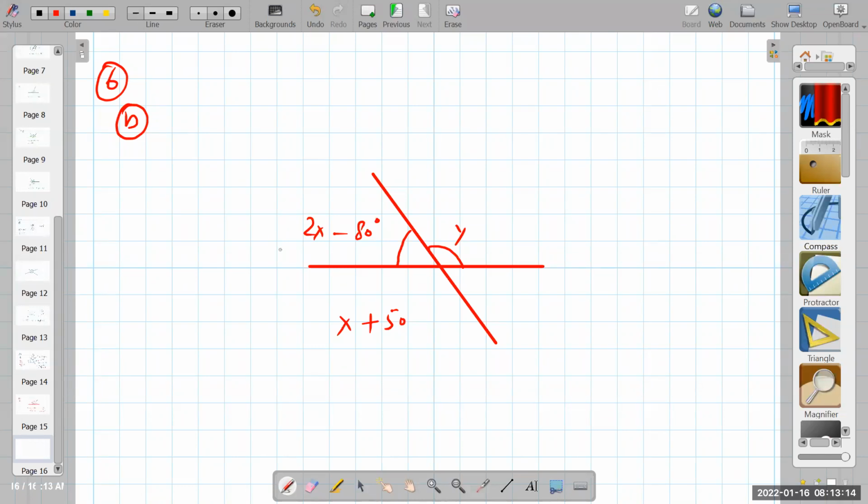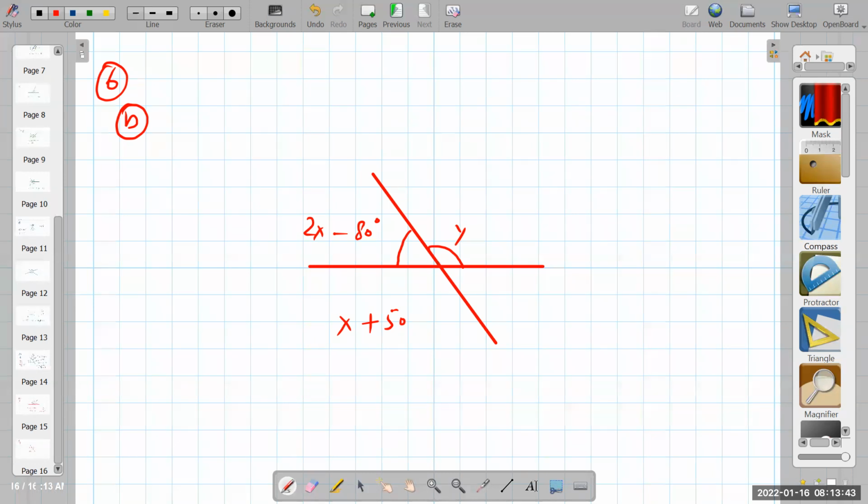Then we can find out the value of y easily. If we know the value of x, we can find out the value of y easily. So 2x minus 80 is equal to y, and x plus 50 equals y.